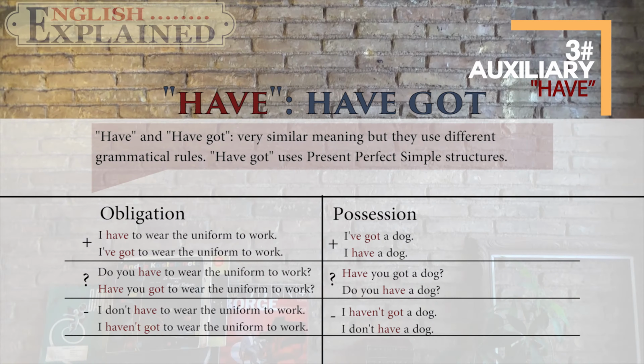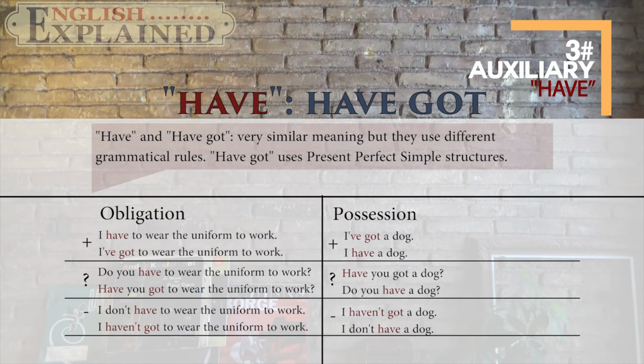So for obligation, we'd say, I have to wear the uniform to work, or I've got to wear the uniform to work. Some similar examples for questions would be, do you have to wear the uniform to work? Or have you got to wear the uniform to work? And the negative would be, I don't have to wear the uniform to work, or I haven't got to wear the uniform to work.